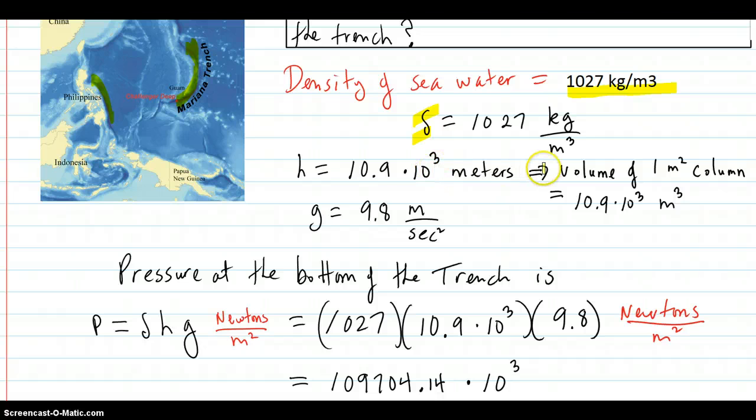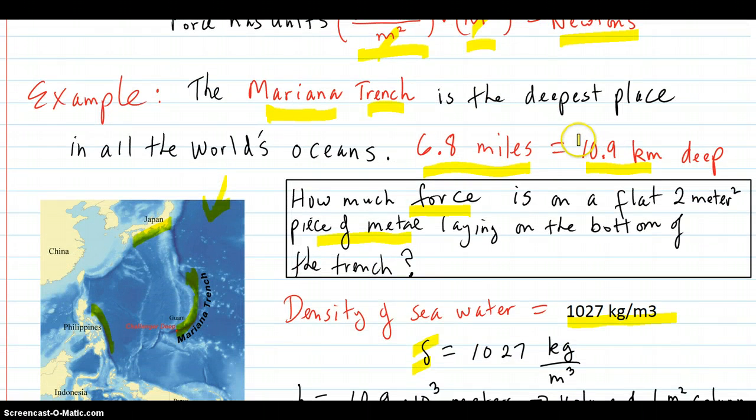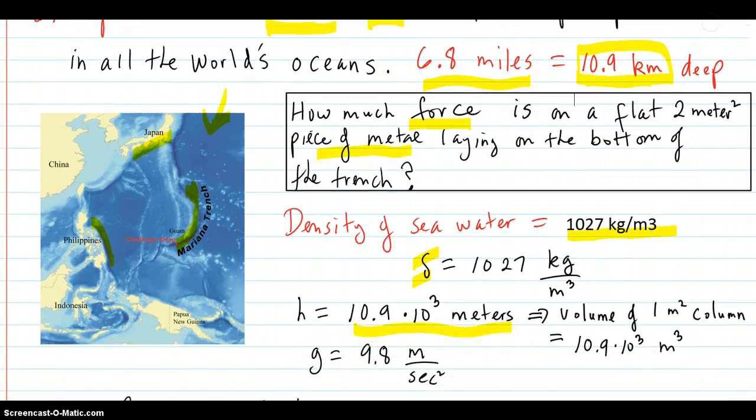Remember, it was 10.9 times 10 to the third meters. That was from how deep it was: 10.9 kilometers deep. 10.9 kilometers is 10.9 times 1,000 meters, because a kilometer is 1,000 meters.